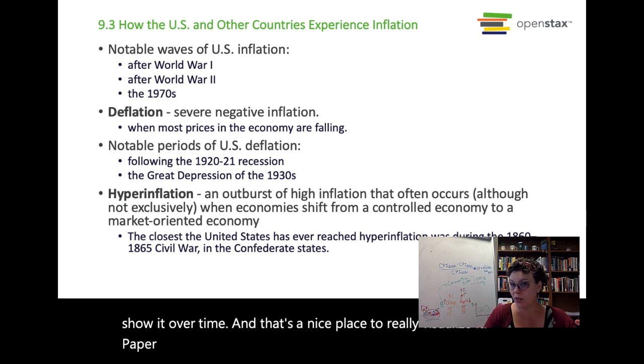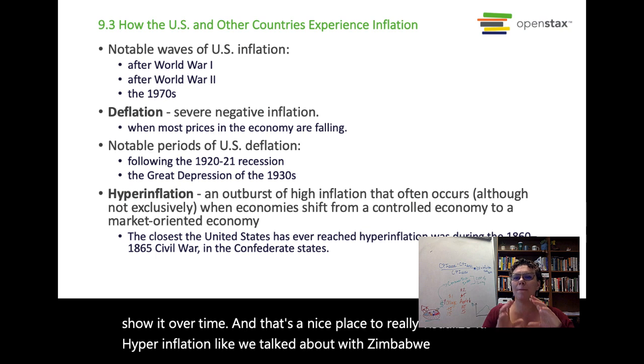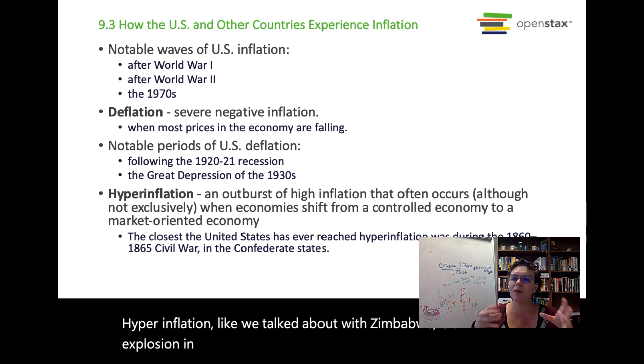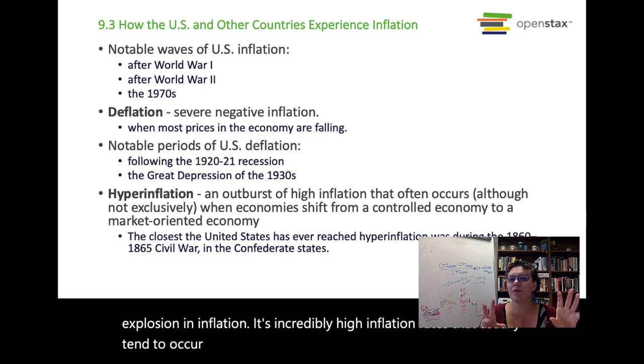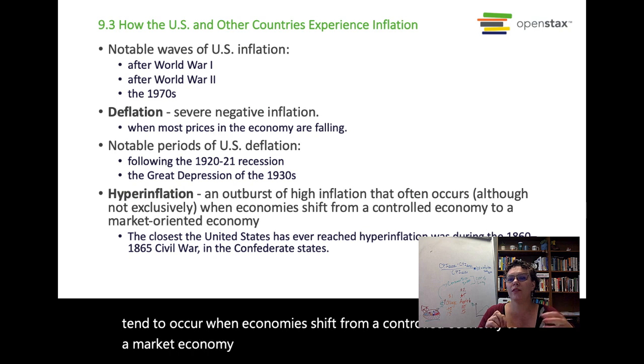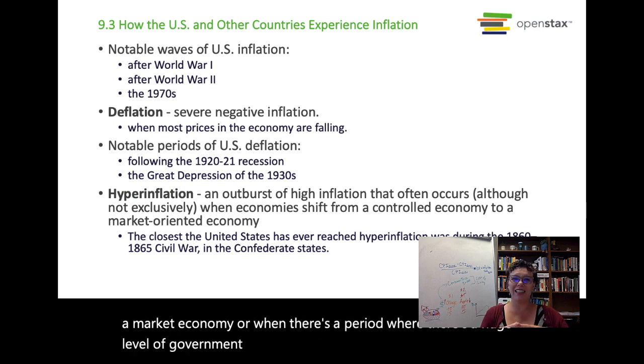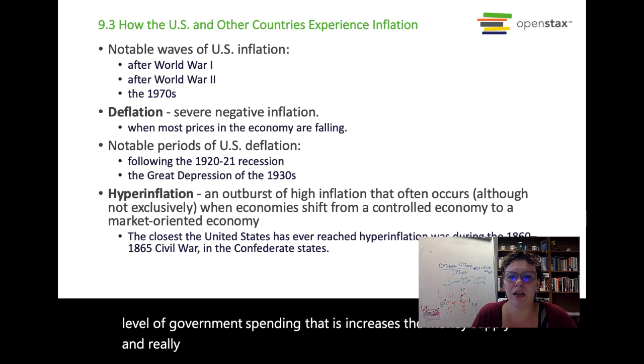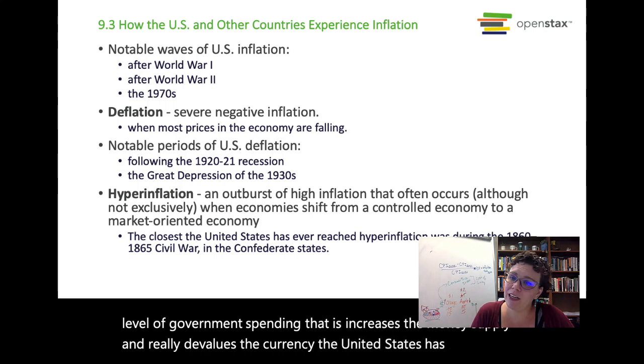Hyperinflation, like we talked about with Zimbabwe, is an explosion in inflation. It's incredibly high inflation rates that usually tend to occur when economies shift from a controlled economy to a market economy, or when there's a period where there's a huge level of government spending that increases the money supply and really devalues the currency. The United States has never had a period of hyperinflation.